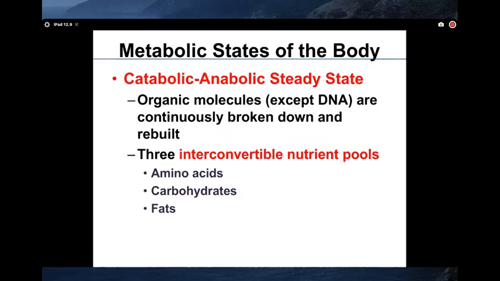Moving on to the metabolic states of the body, we have the catabolic and anabolic steady state, which is the continuous breakdown and rebuild of the organic molecule, except for the DNA.